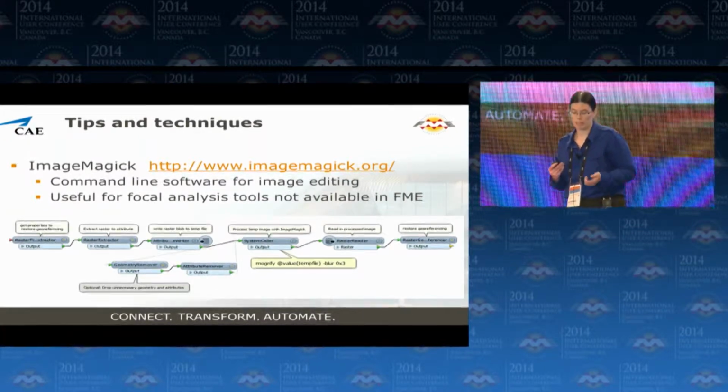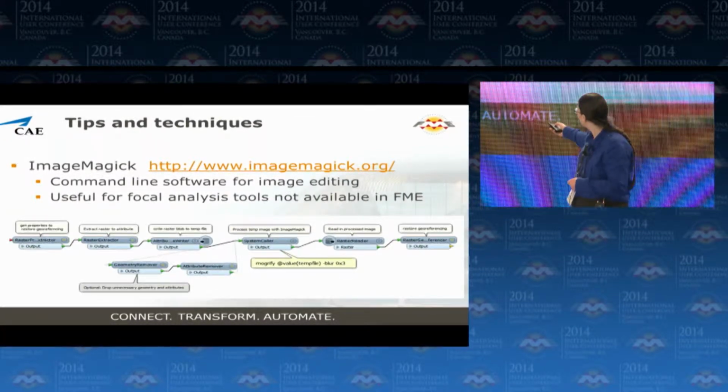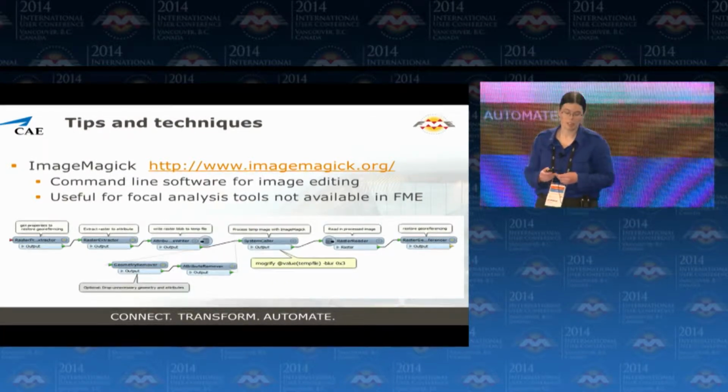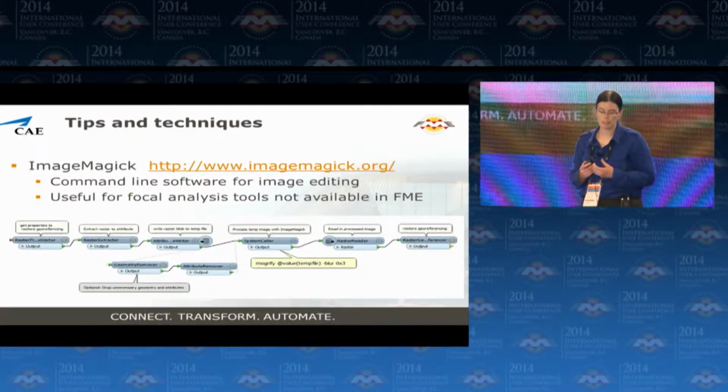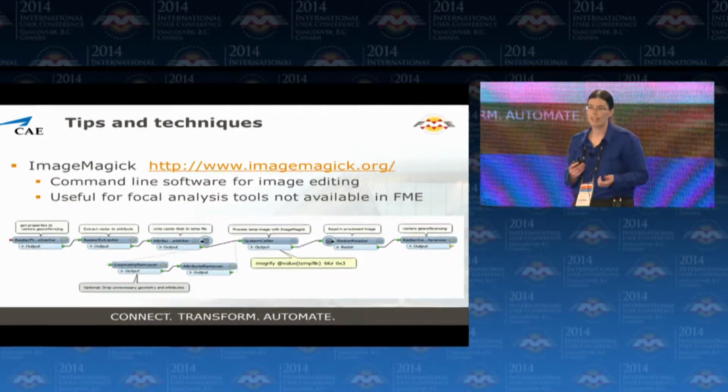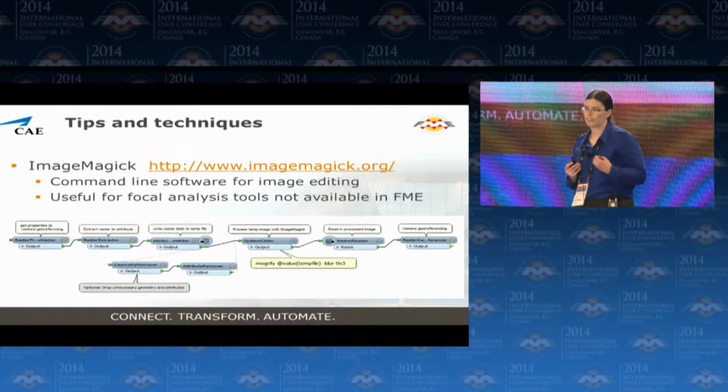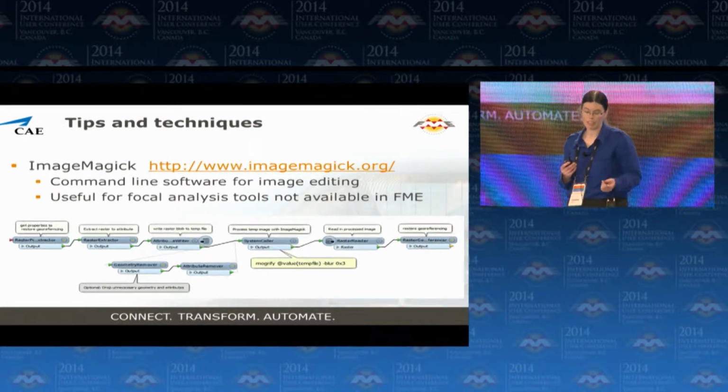So the way to work it out was the workflow you see below, which is to extract the properties using the raster properties extractor. That's so we can restore the georeferencing later. We extract the raster to an attribute using the raster extractor, and write that extracted raster to a file with the attribute writer.